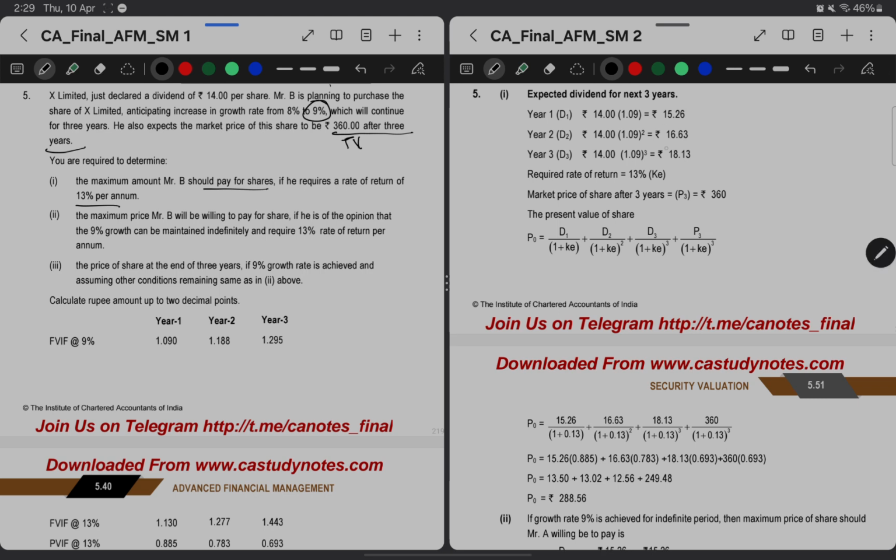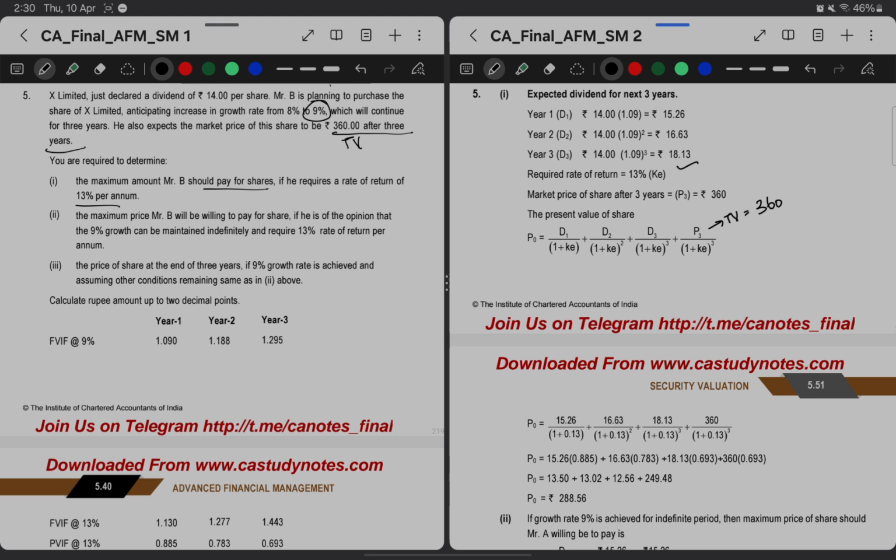Going to the solution, first we have to calculate dividend for all the 3 years, keeping 9% as the growth. Then we have to discount it with the 13% expectation rate of return, 13% Ke, and we have to take the terminal value, which is 360, which they have already given, so we don't need to find it out separately.